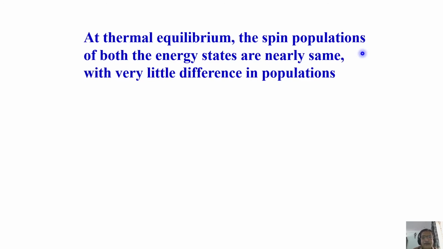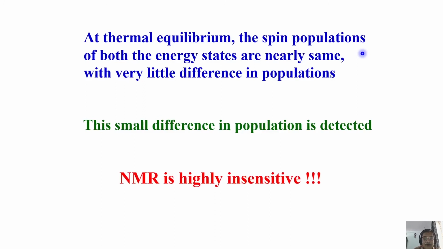Imagine if I take a large number of spins, all the spins available in a given sample, and find the population ratio: you would hardly detect a few hundred. The difference is so small, and that is what you have to detect. So that means NMR is a highly insensitive technique. The population difference is so small that detecting the NMR signal is very difficult.